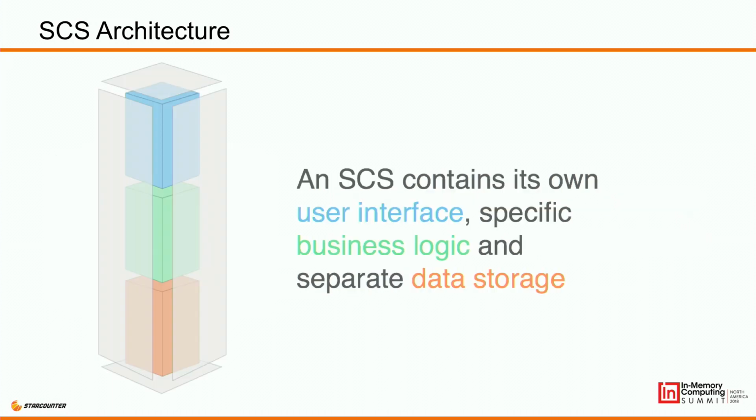So every self-contained system is an autonomous web application, meaning that it can run on its own and also deliver some real business value. It does not rely directly on any other systems. It's usually owned by one team because it's small enough to be developed by one team.